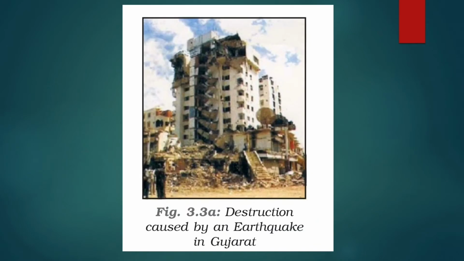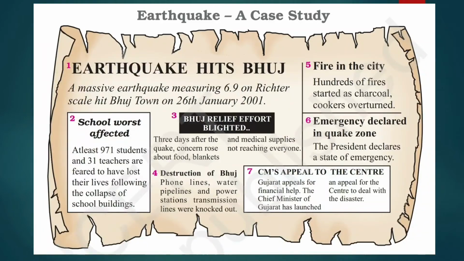Let's look at this image. This is the image of destruction caused by an earthquake in Gujarat. On 26th January 2001, a massive earthquake measuring 6.9 on the Richter scale hit Bhuj, which is a place in Gujarat. School worst affected.